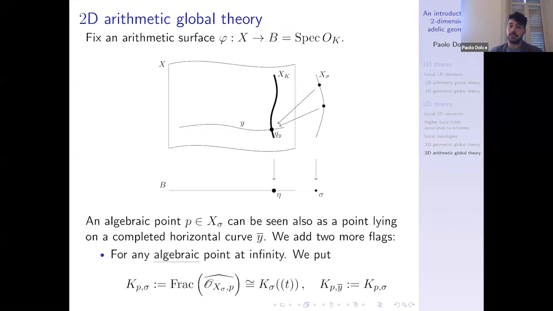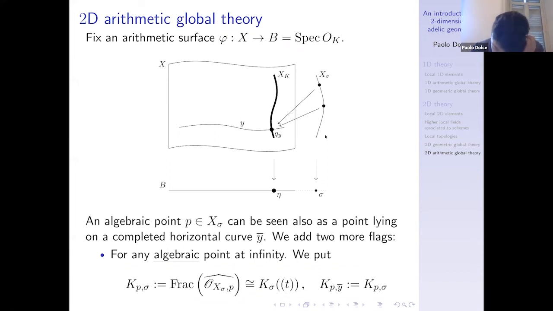Now, to our picture, basically we added two possible couples: point and curve. So let's consider the curve at infinity. You have a point lying on a curve at infinity, and you have the couple point and curve lying on the fiber at infinity.